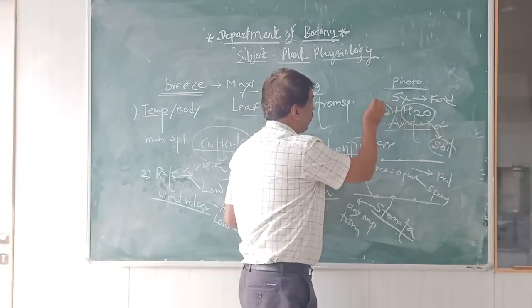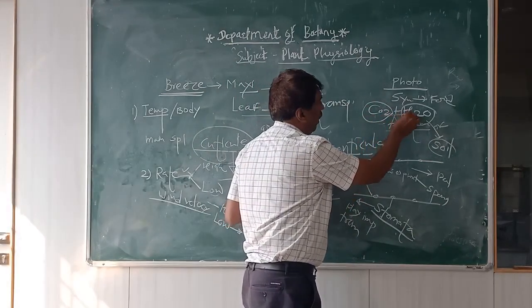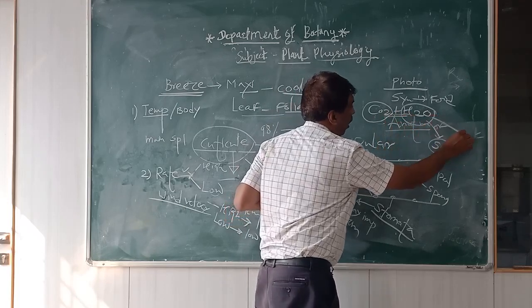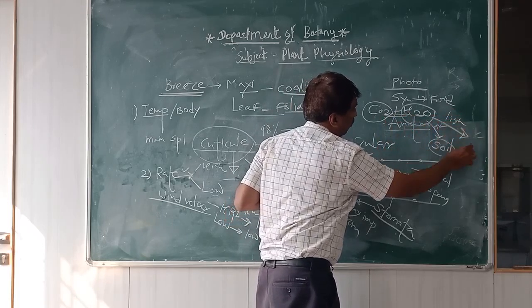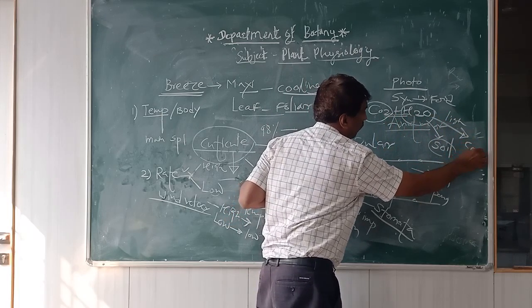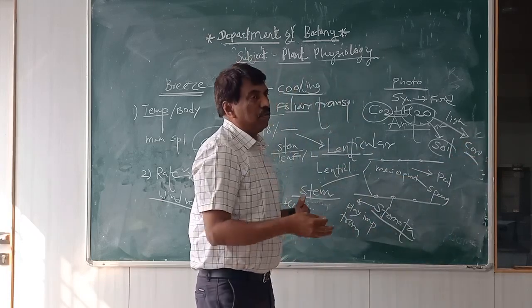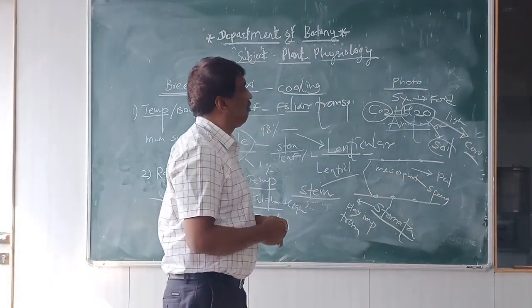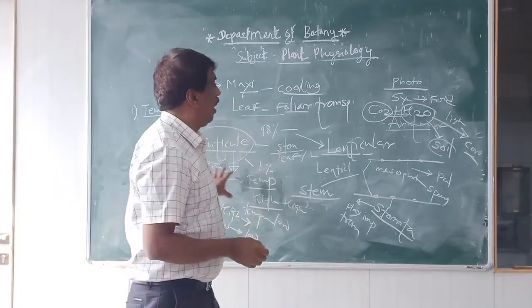Whereas CO2 is absorbed from the atmosphere, and the CO2 and H2O actually undergo reaction in the light phase, and then there is a formation of the food material or carbohydrate, which is utilized as a food material for the plant. So for photosynthesis we require water, and that amount of water you have to maintain.